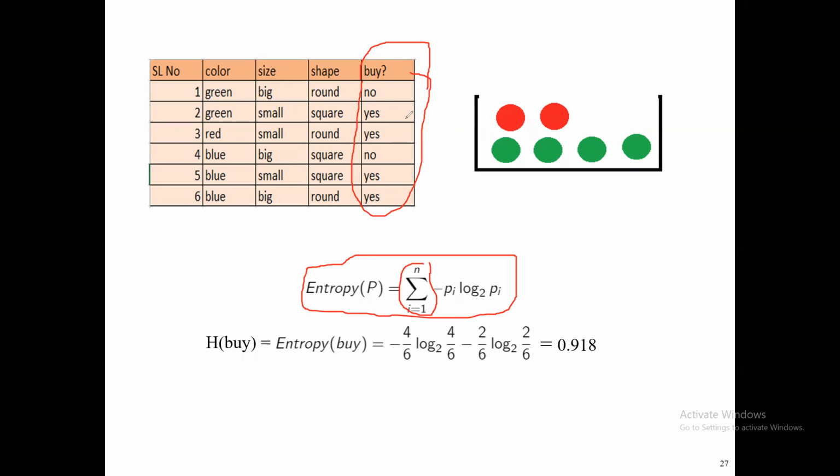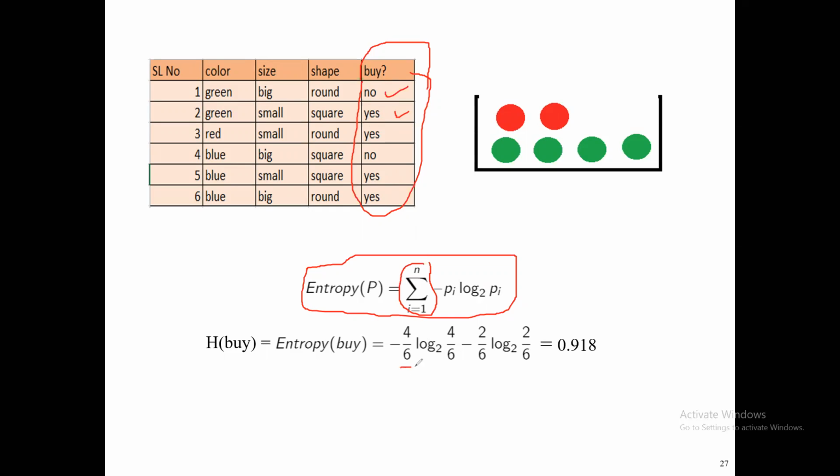So what are the different values in the attribute by? We have no and yes, 2 types of values. So what is the probability of yes in this case? It is 4 out of 6. There are 4 yes values out of the possible 6 examples.